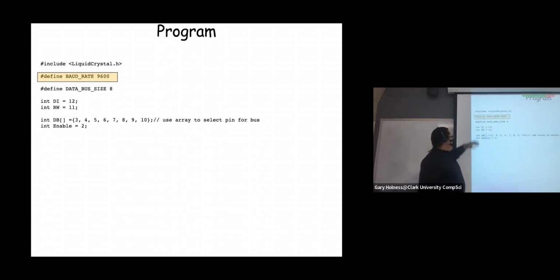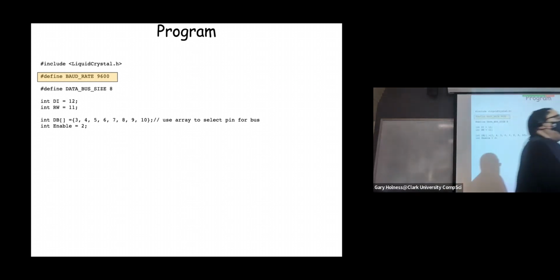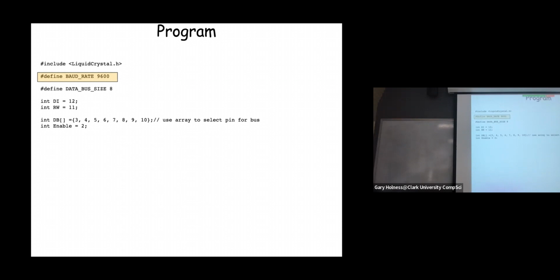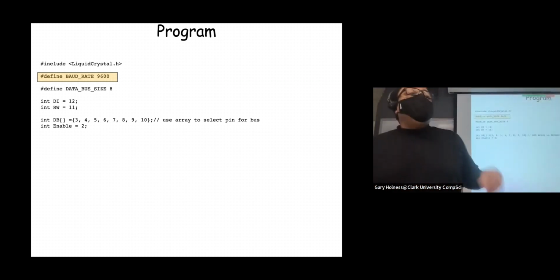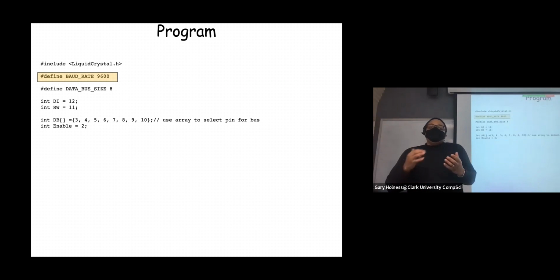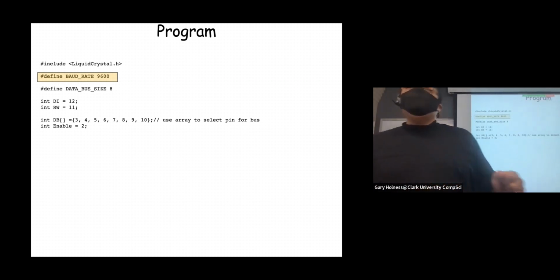It's doing a replace of BAUD_RATE with 9600. That doesn't have any impact on the runtime image size, your program in its executable form. But if you use a variable, that's now taking up space. So if you have a lot of stuff going on in your program, for a microcontroller, you want to be aware how much space is being taken up when you're represented as a runtime image.